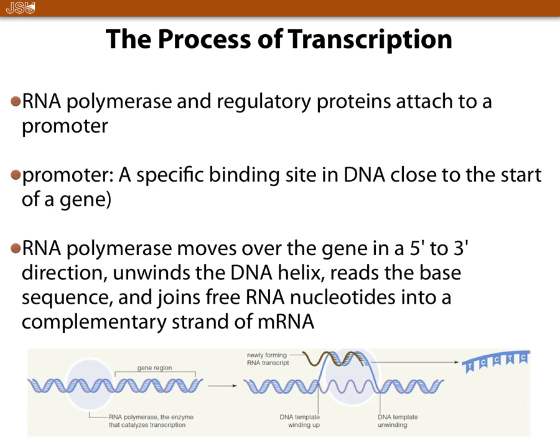Now, RNA polymerase doesn't really know where to go. Okay? It has to be told where to go. How it does that is there's a specific region on the DNA we call a promoter, and that comes before the gene. And before that gene, the promoter will recruit, draw in, pull in the RNA polymerase and allow for the production of RNA.